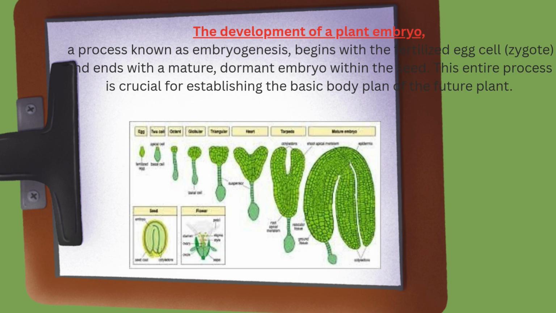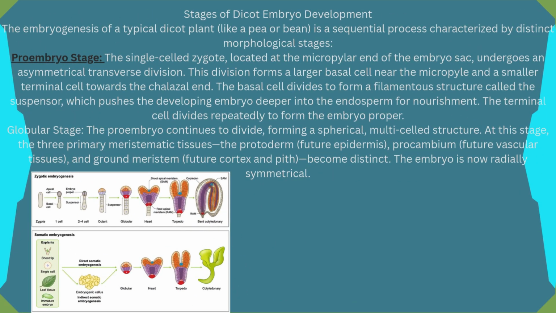The development of the plant embryo is a process known as embryogenesis. It begins with the egg cell, the zygote, and ends with a mature dormant embryo in the seed. This entire process is crucial for establishing the basic body plan of the future plant.